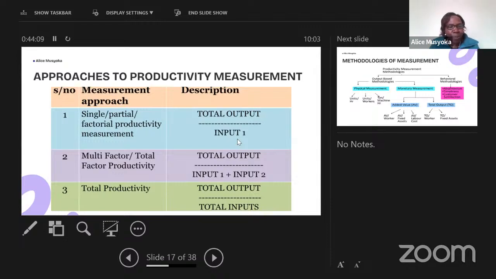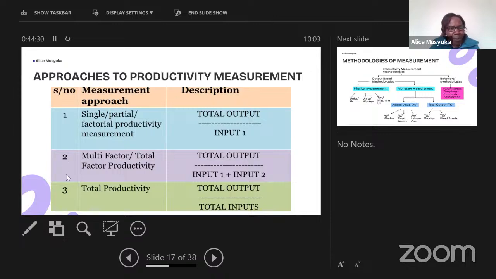For instance, we could be measuring labor productivity. That is just one factor. So it will be total output over the inputs as a single or partial factor productivity measurement.